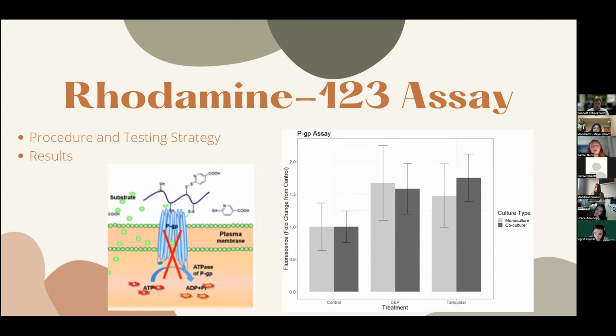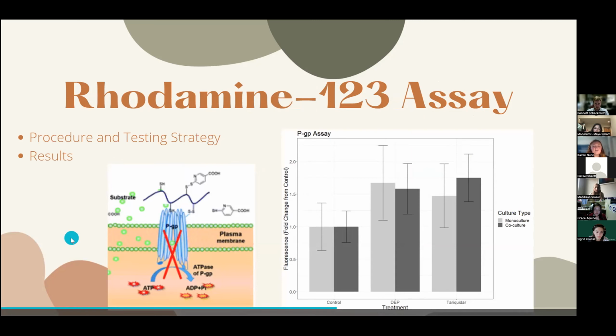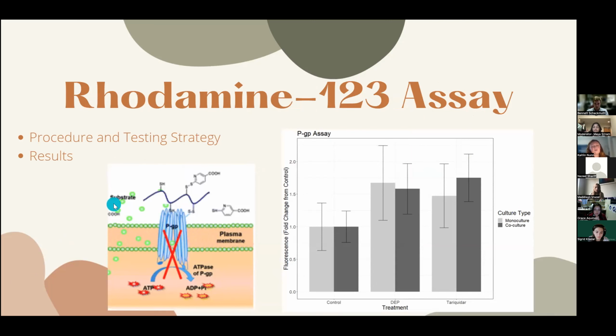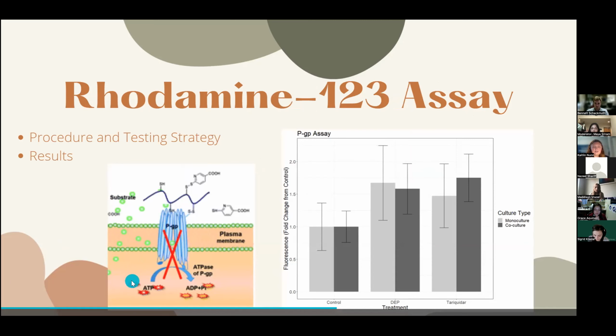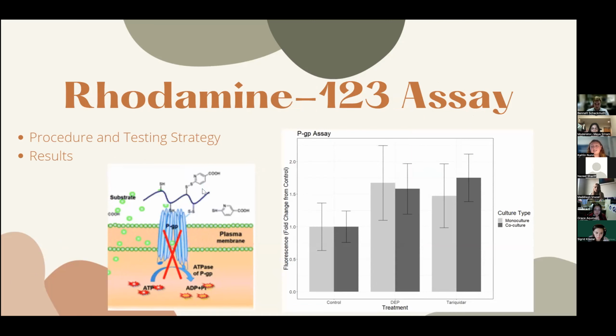However, if we look at what's called the rhodamine 123 assay, we will find something more interesting. You use a fluorescent material that is absorbed into the cells, and then the P-glycoprotein is supposed to pump the substrate back out of the cell because it doesn't want that material to get into the brain or the spinal cord.